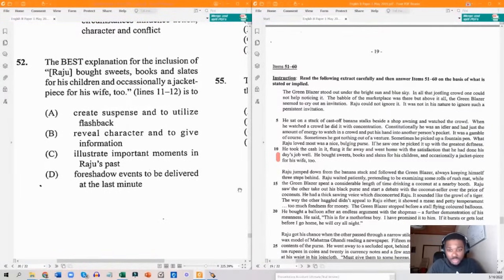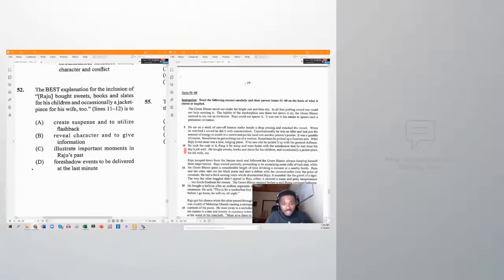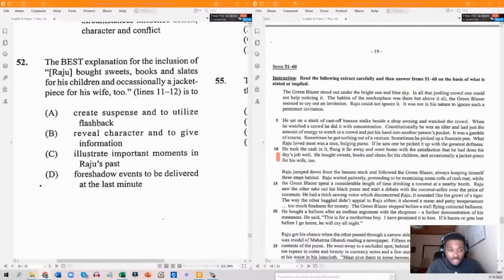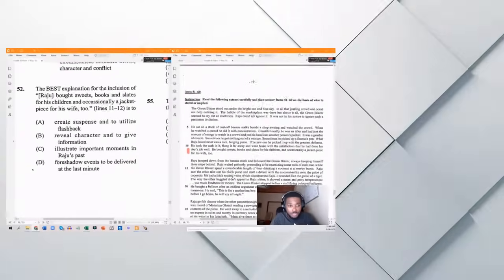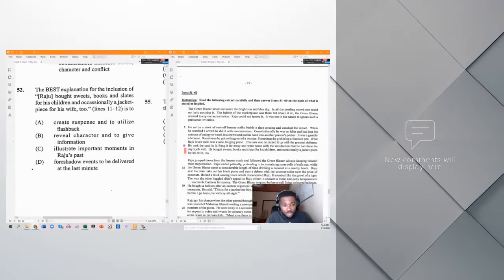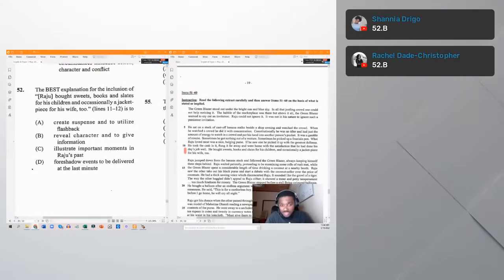Here, Raju bought all these things. Why would the writer include that he bought all of these things?